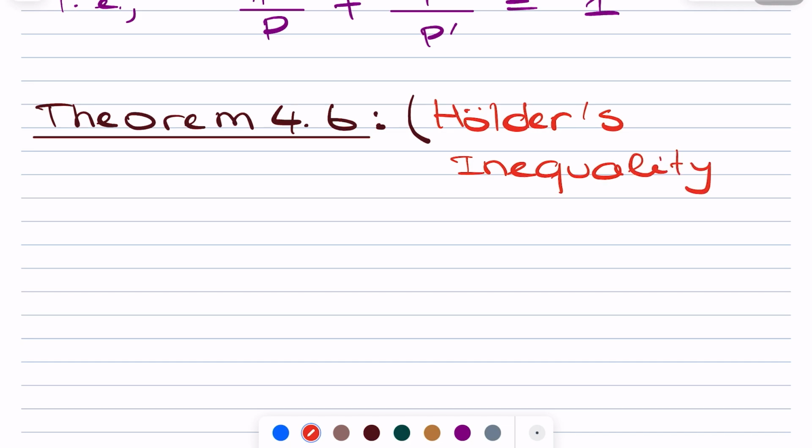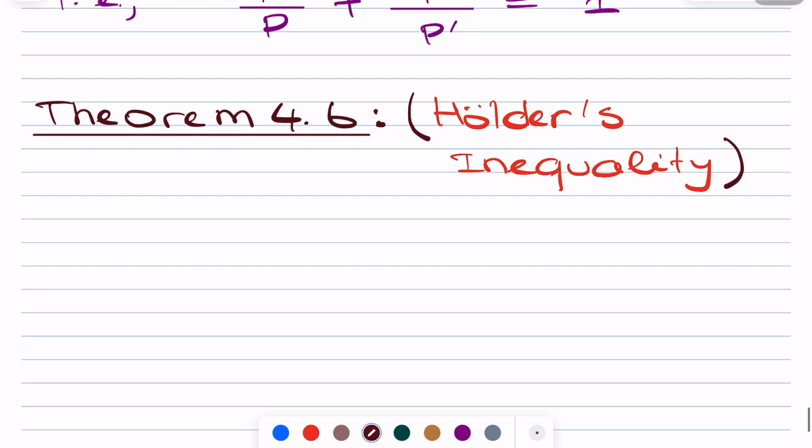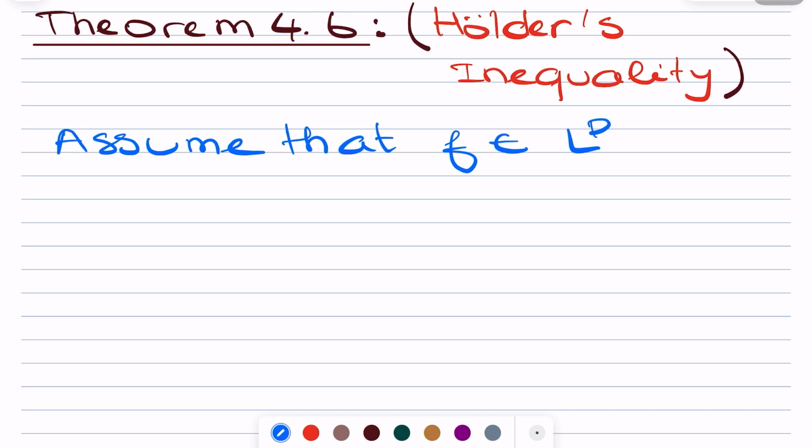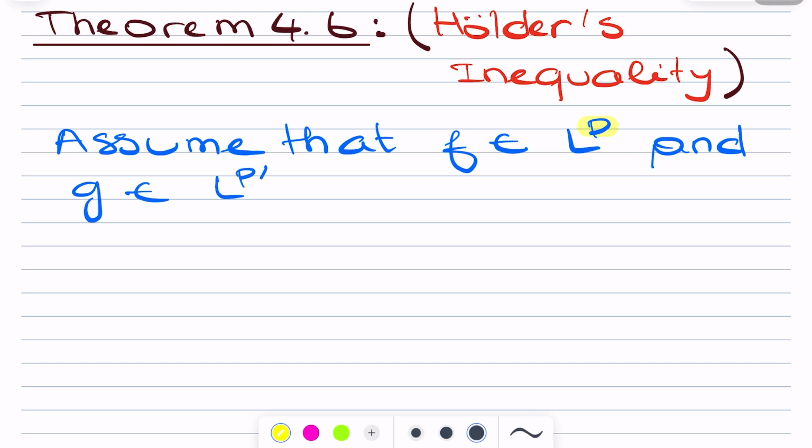So assume that you have a function f in L^p, it's really important, L^p, and another function g, but this time in L^p prime, with p between 1 and plus infinity.